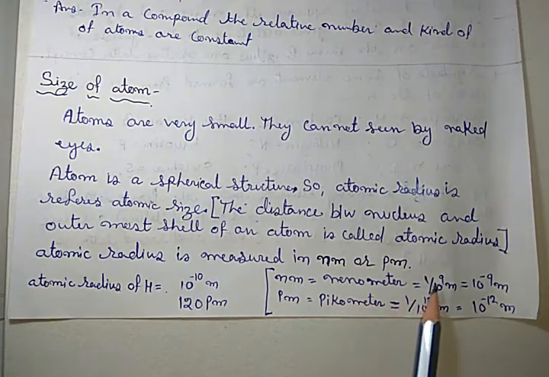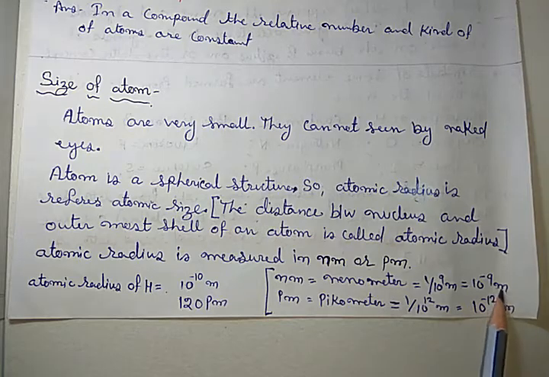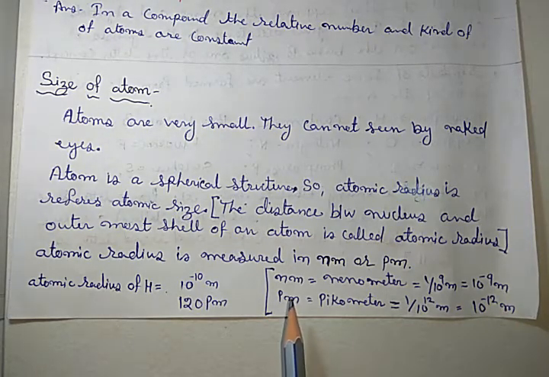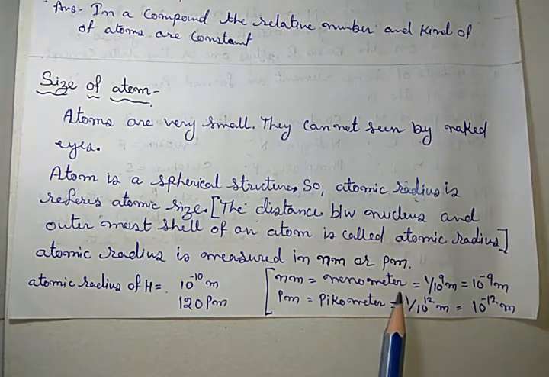Nanometer, nm, is 1 upon 10 to the power 9, or 10 to the power minus 9 meter. The second one is picometer, 1 upon 10 to the power 12, that is 10 to the power minus 12 meter is 1 picometer.